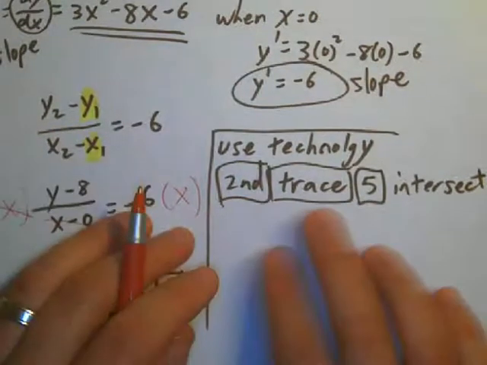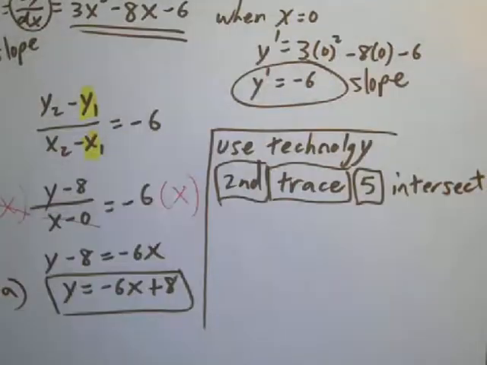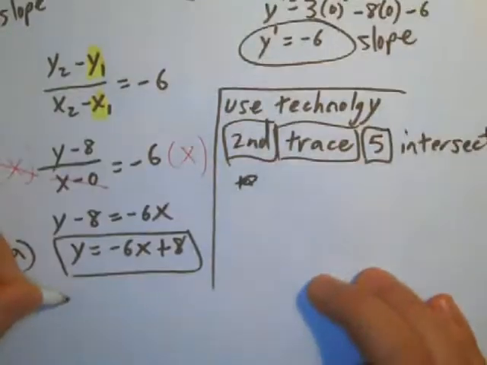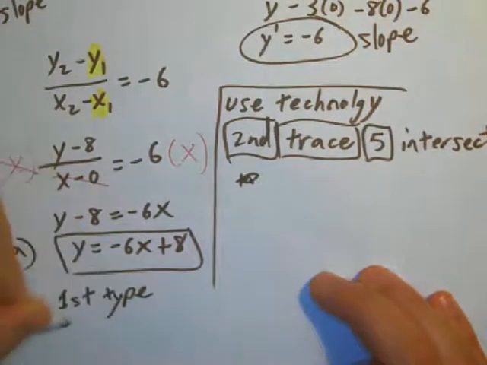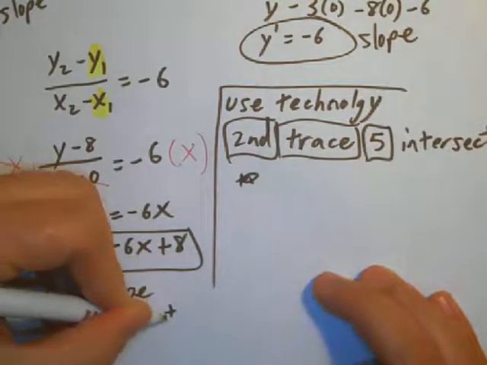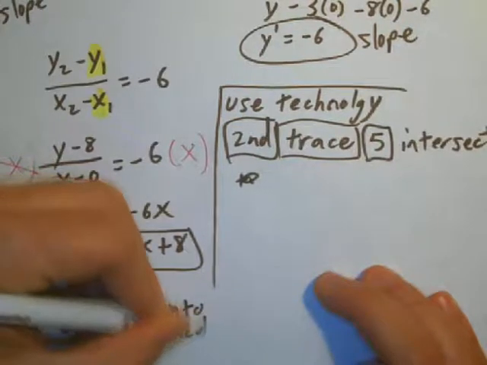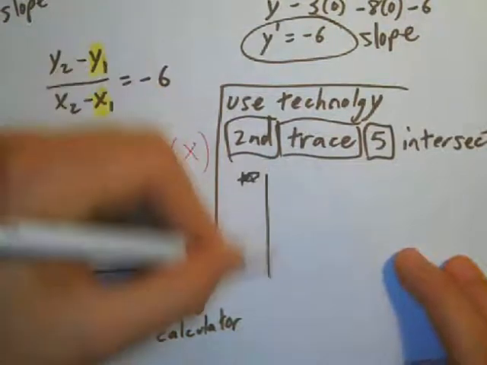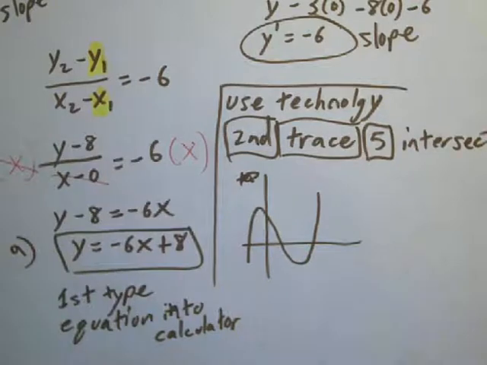So let's repeat these instructions. Second trace 5. First we have to type the equations into the calculator, and then we got our graph. It looked like this.